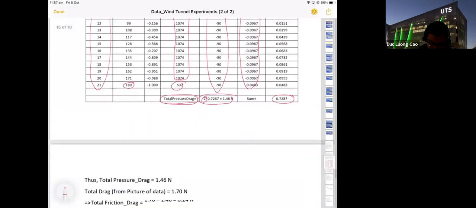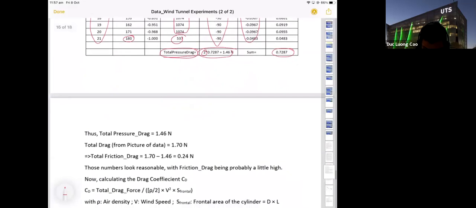But as you know, the total drag force will be equal to the pressure drag, drag by pressure difference, plus the friction drag, drag by friction between the airflow and the surface of the cylinder.